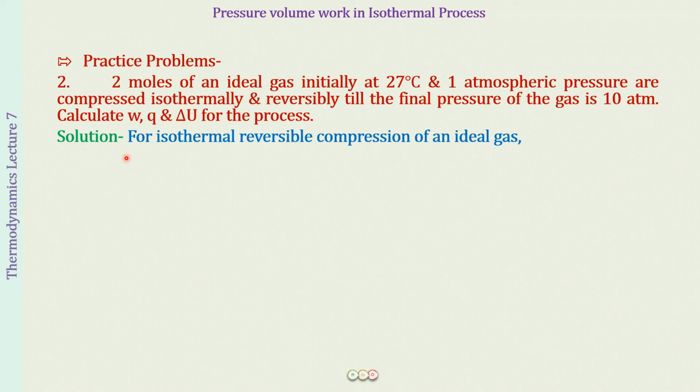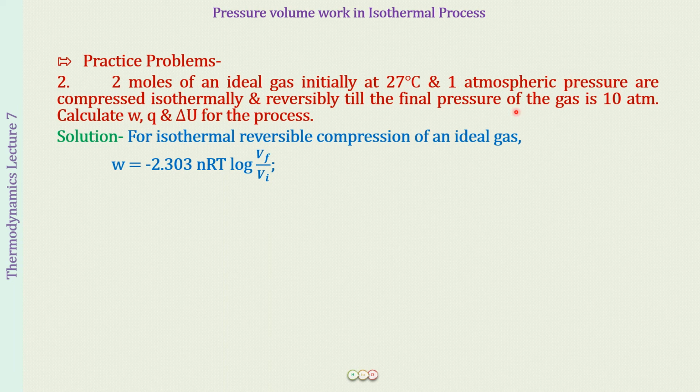So for an isothermal reversible compression, what is going to be the value of work done? It is going to be just similar to that of expansion, right? So it is going to be minus 2.303 nRT log of Vf over Vi. But in the question, what is given to us is not a change in volume, but a change in pressure.